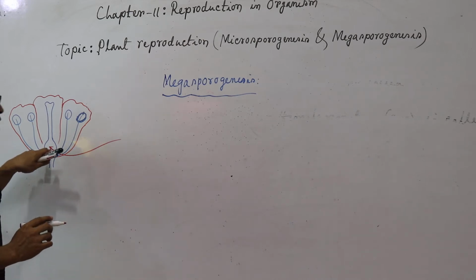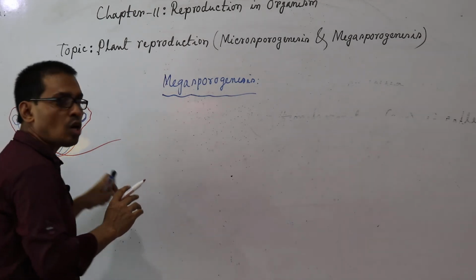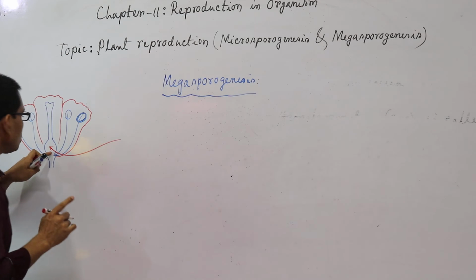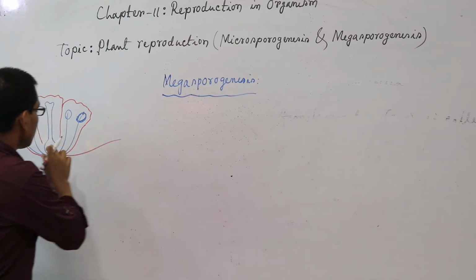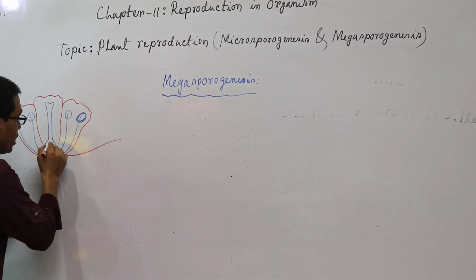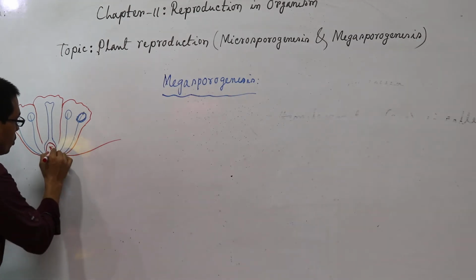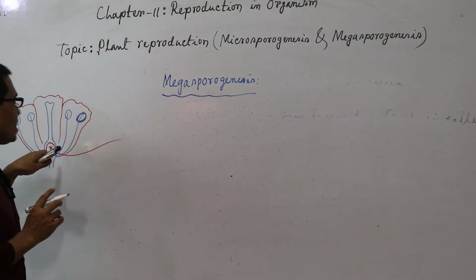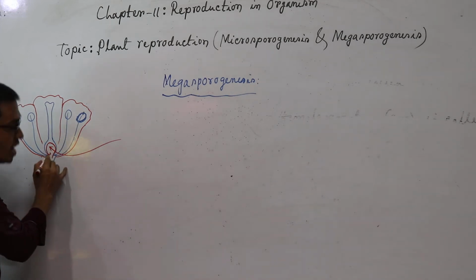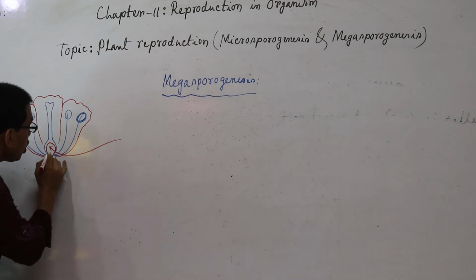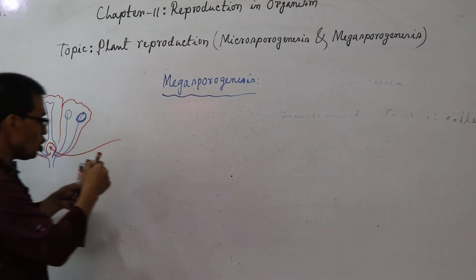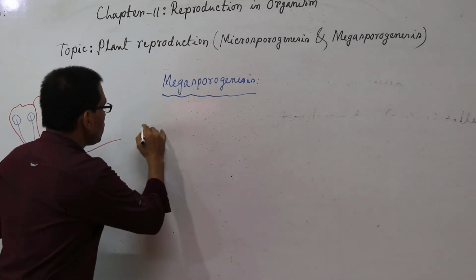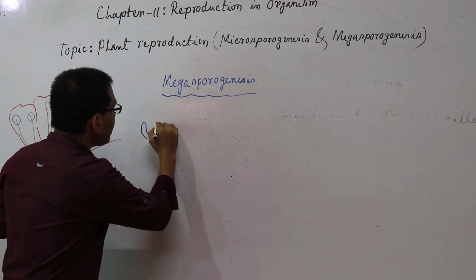Firstly, inside the nucellus of ovule, that means nutritive tissue, the nucellus remains in the center of ovule. Being nourished in the nucellus near the micropyle of ovule, mind it, micropyle of ovule, one cell gets larger.